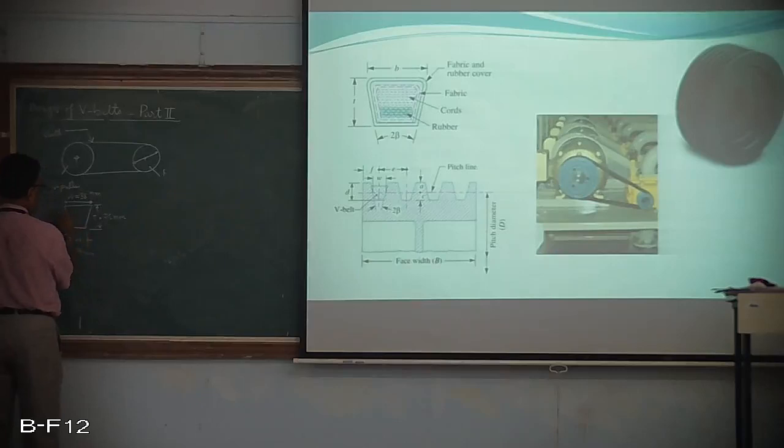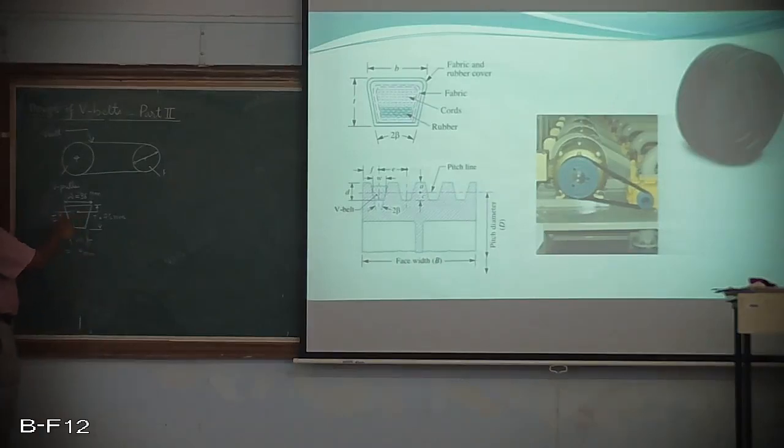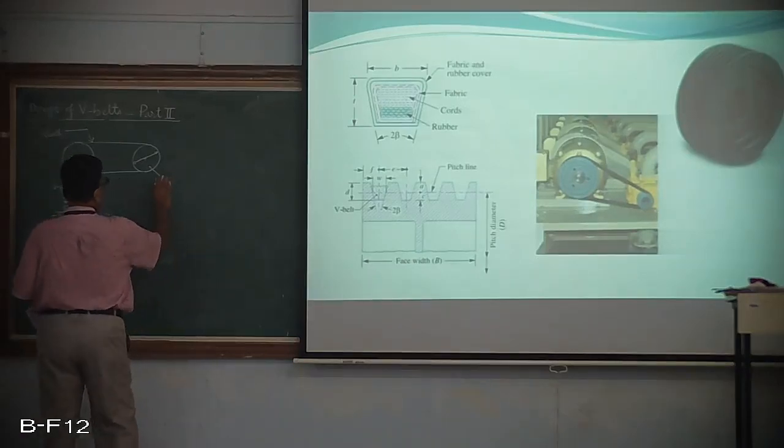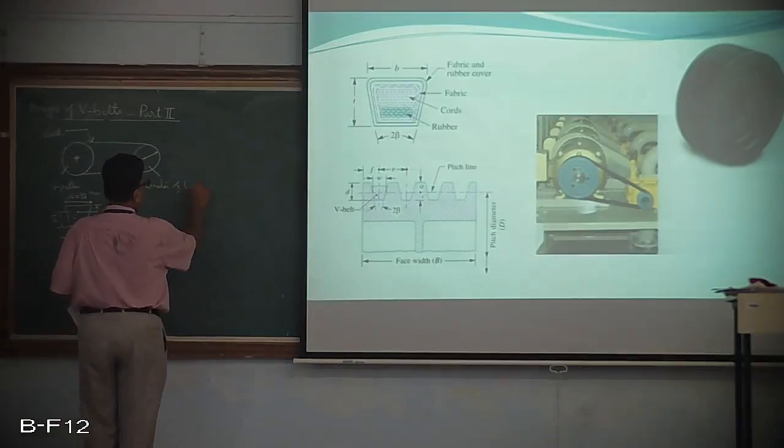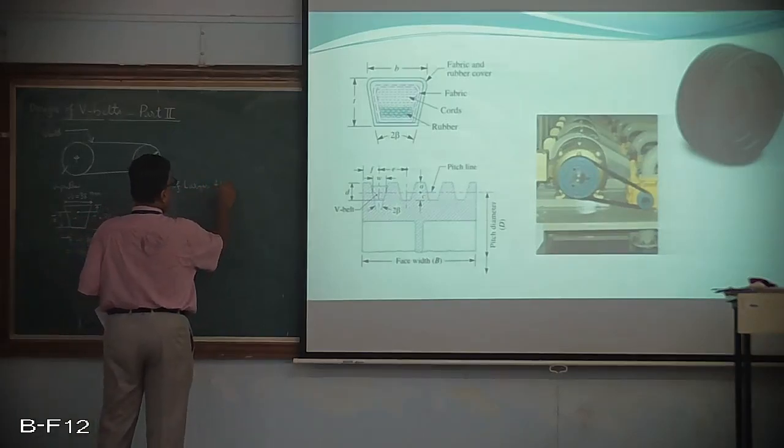And what we need to find out is the CG of this, because I need to first find this X bar, that is from the bottom to the CG location where the pitch line is passing. The expression for it... and the diameter of the larger flat pulley is also given.